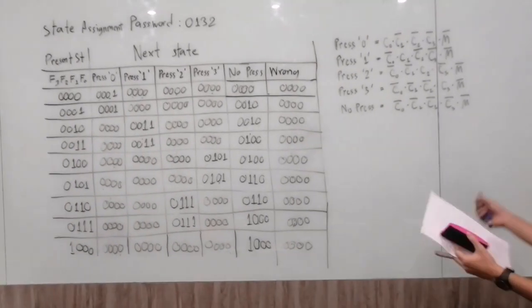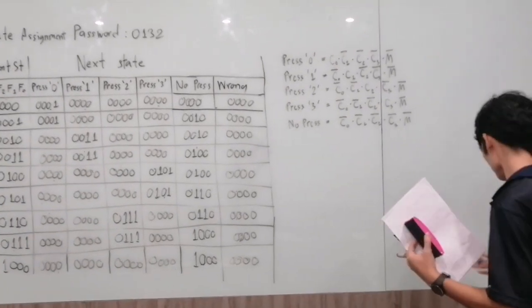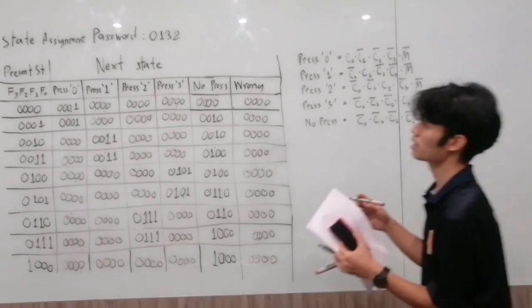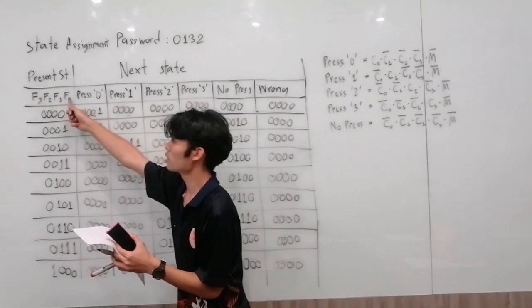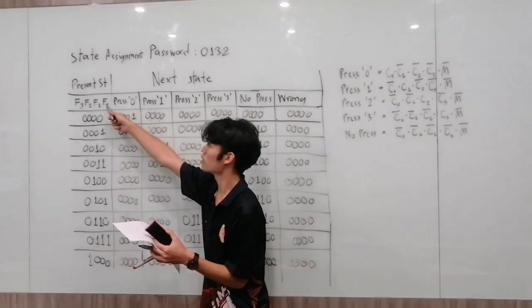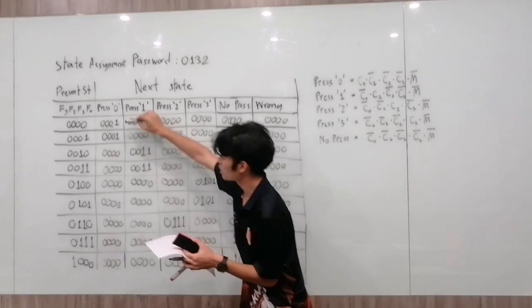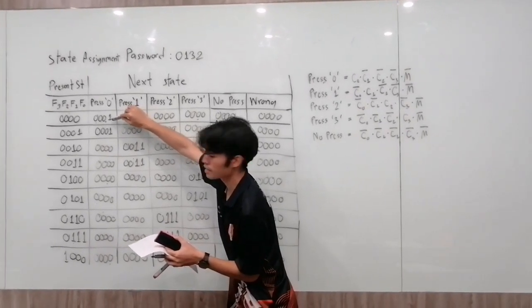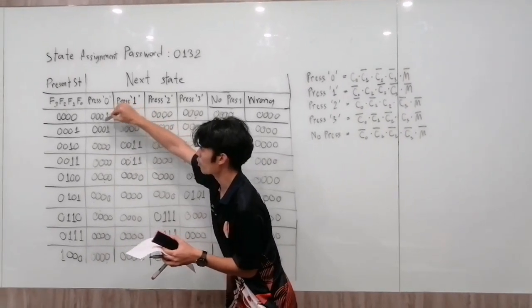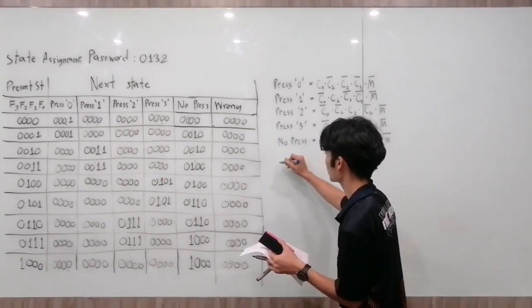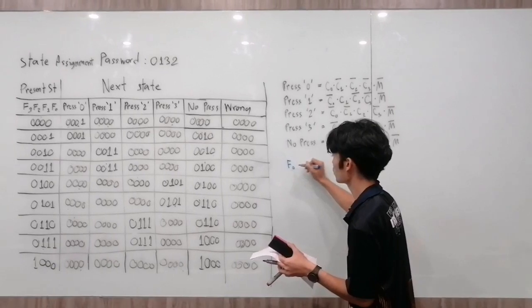So we get the equation of F0. F0 is flip-flop number 0, so focus on the last digit of these 4 digits.